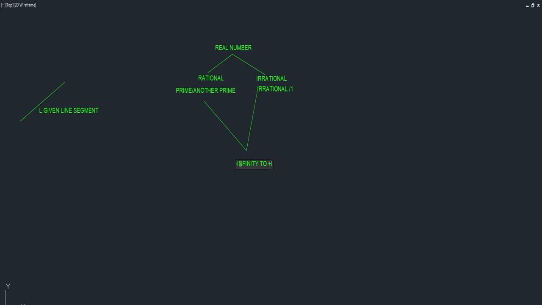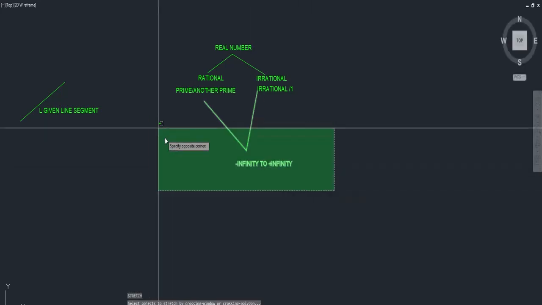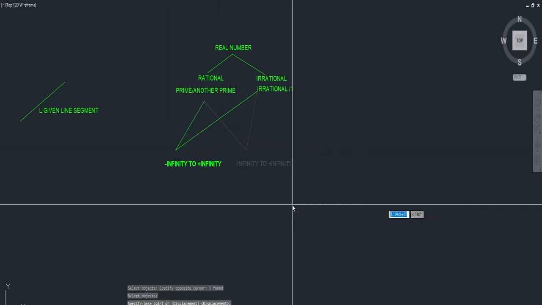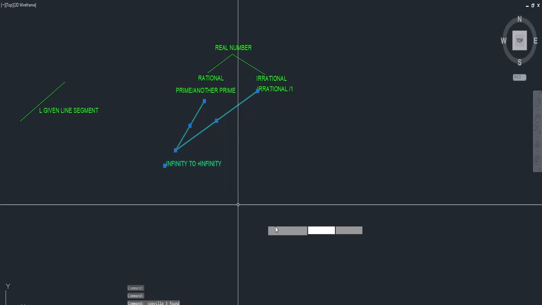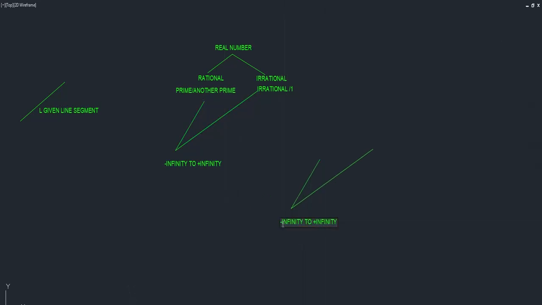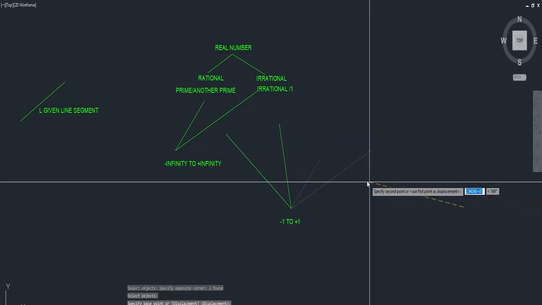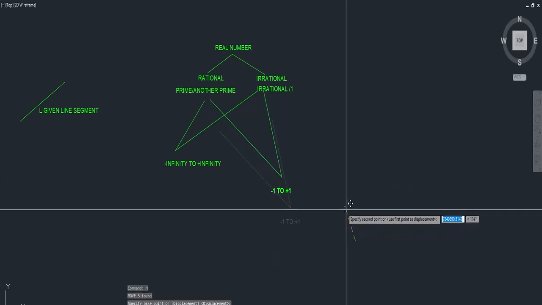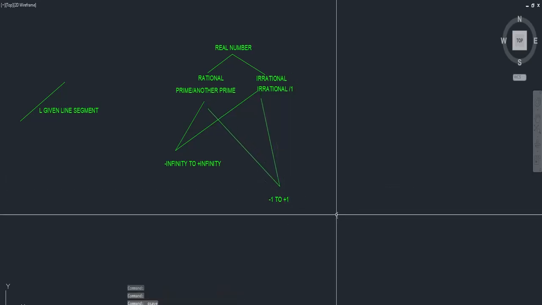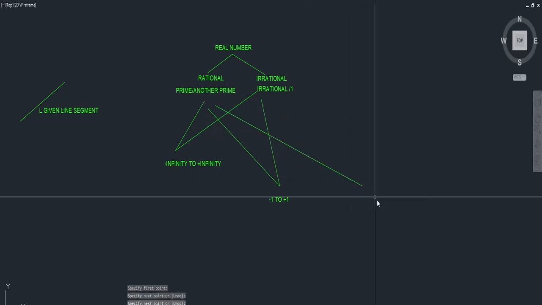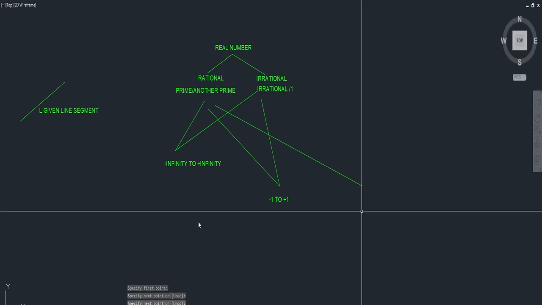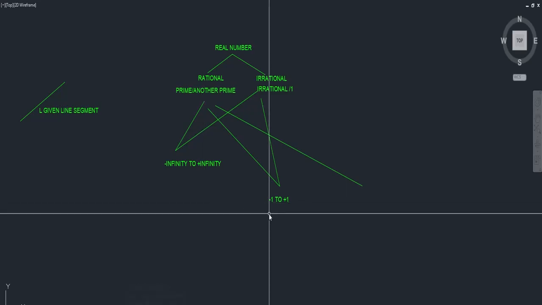Either it is within minus infinity to plus infinity, or it is like minus 1 to plus 1, or it is like minus infinity to minus 1 and plus 1 to plus infinity.